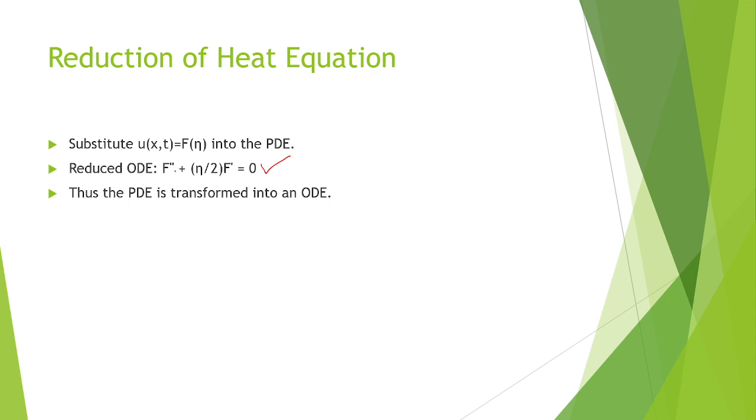You see, this is now an ODE. In fact, f double dash, which depends on eta, plus eta by 2 f dash, which depends on eta, equals 0.